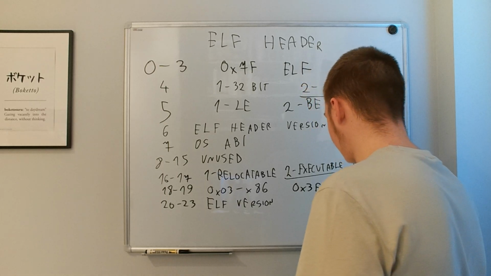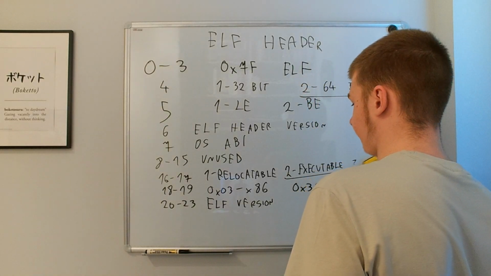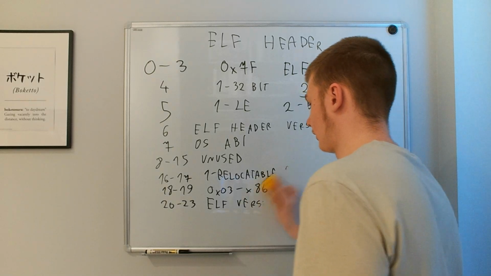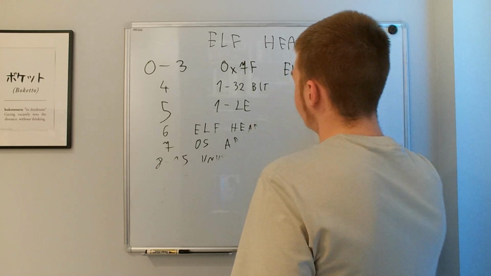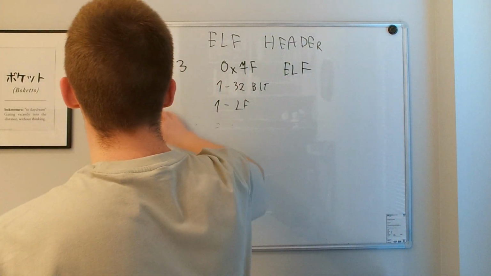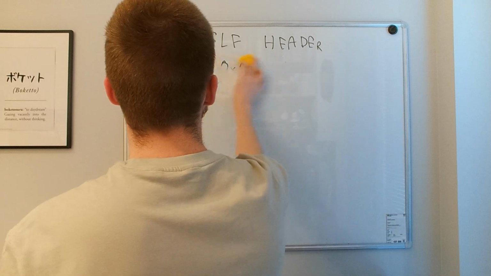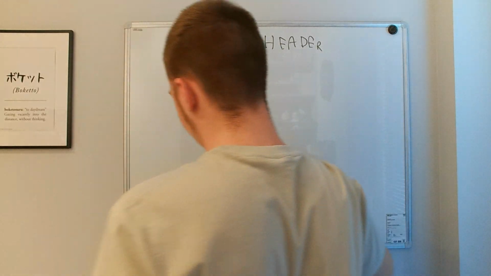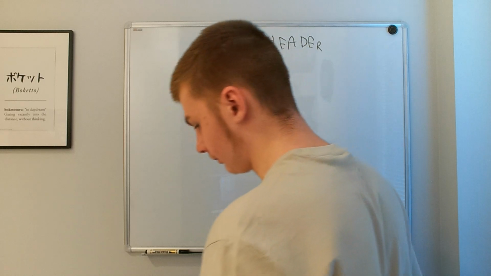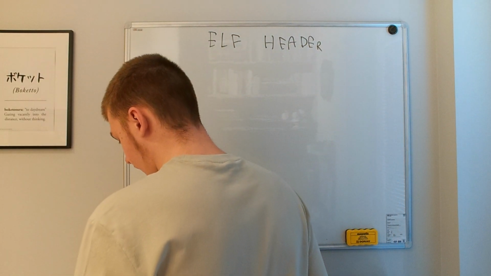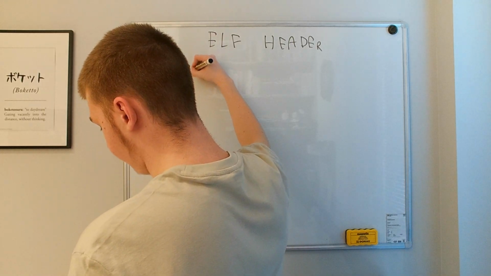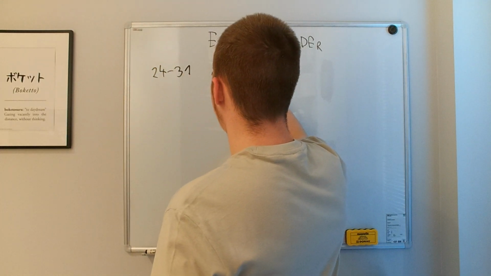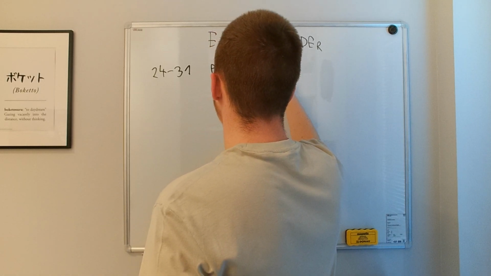But then it becomes pretty interesting from point number 24, with indexing from 0. And that is because 24 to 31 is the program entry offset.